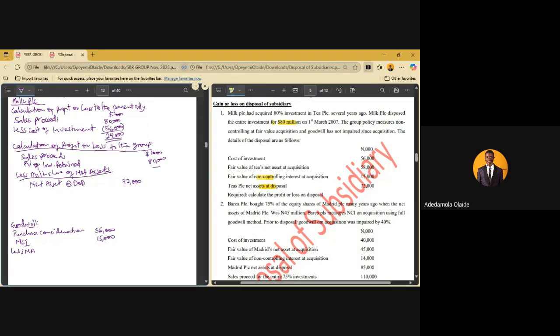Less net assets of. So we have what? Share value. I don't know what's wrong with my board this night.